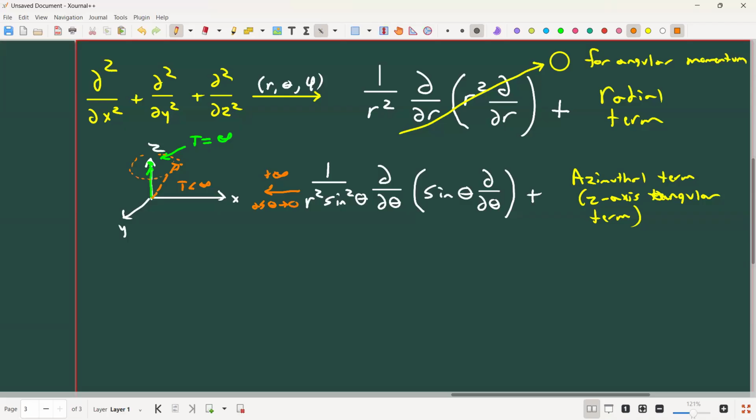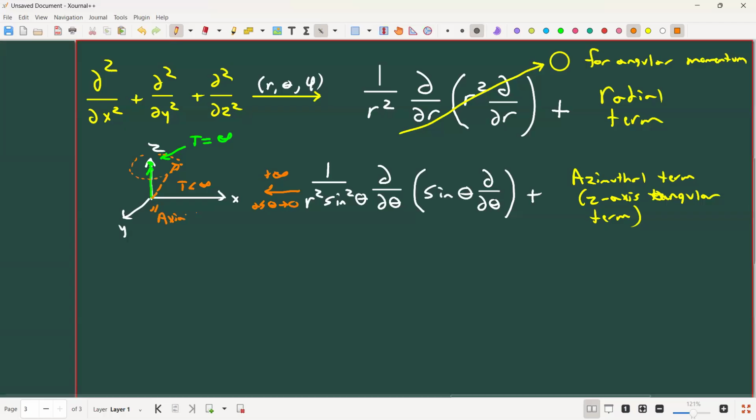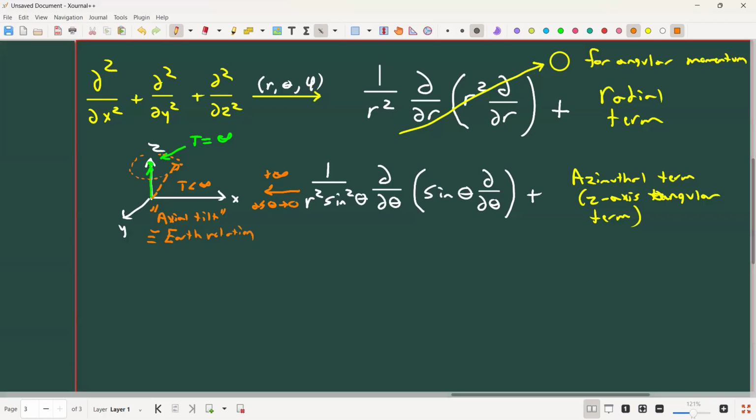I don't remember what the astronomers or the geologists call this. I think it's called axial tilt, like the Earth. In order for the Earth to be perfectly on its axis and rotate, it has to have infinite energy. That's what that term tells me. Kind of cool.